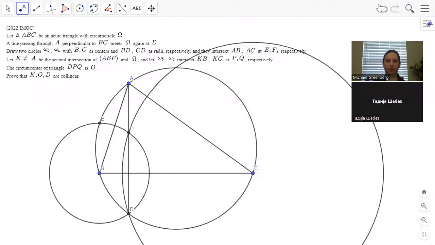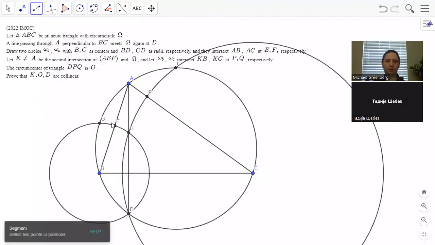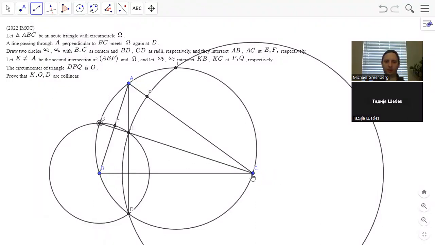So just so I don't get the names of the points wrong, this is E, this is F. I don't think they ever use G and H, or G and I, but basically these would be collinear, and these would be collinear because the reflection of the orthocenter over each side lies on the circumcircle. Okay, so we have these cyclic quads, a lot of circles.